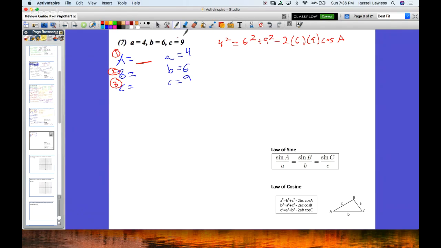Now, this one you do want to break down step by step because there's room for error.